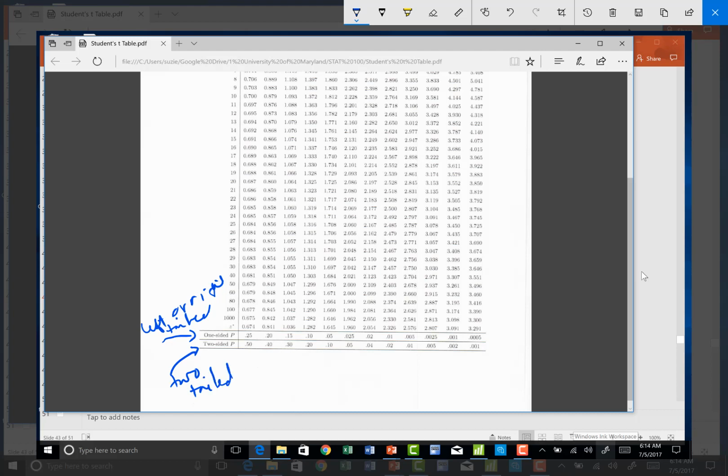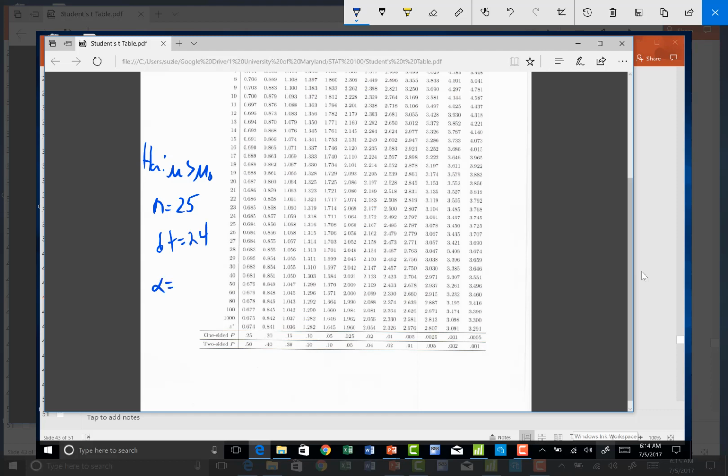And this is how it works. If I'm in a right-tailed test, so my alternative is mu is greater than mu naught, my sample size is 25, so my degrees of freedom would be 24. And I have an alpha of 0.1. Well, I'm in a one-sided test. I want a significance level of 0.1.